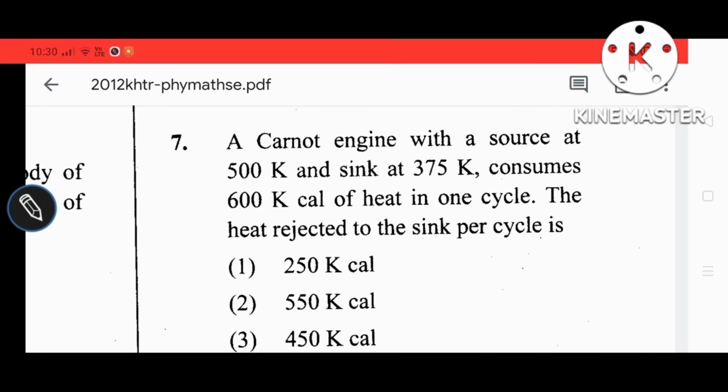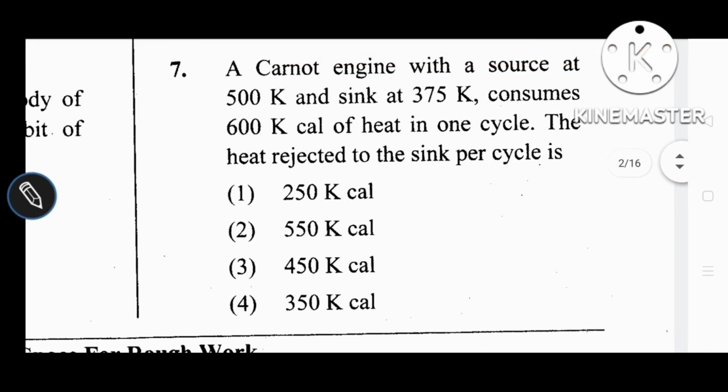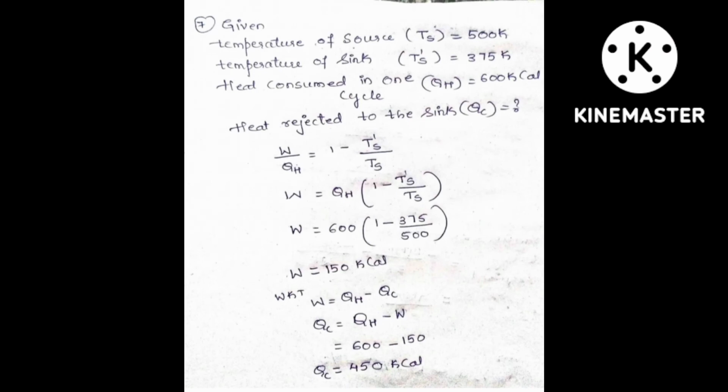7. A Carnot engine with a source at 500 Kelvin and sink at 375 Kelvin consumes 600 kilocalories of heat in one cycle. Then the heat rejected to the sink per cycle is. So we have to solve this using the formula for the work done. So here we are using the formula, writing the given values first.